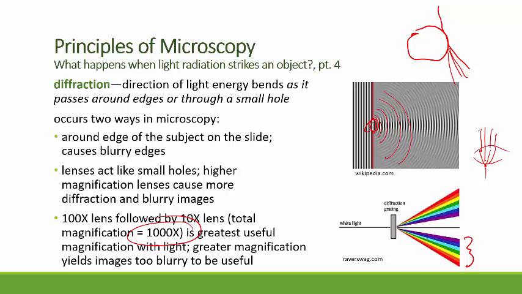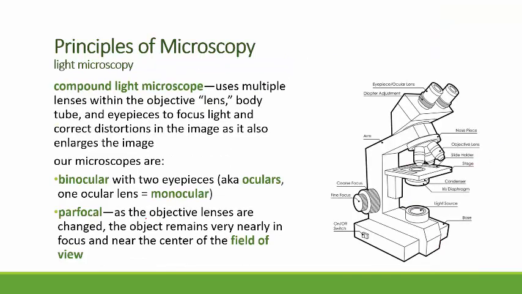And so as we're working at 1000x, we've got to do everything we can to up the clarity and the resolution of the image. And that's why we turn to using the immersion oil, so that we at least aren't getting any refraction causing lots of blurriness.